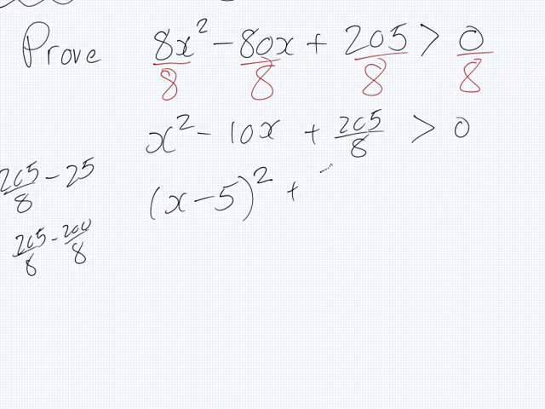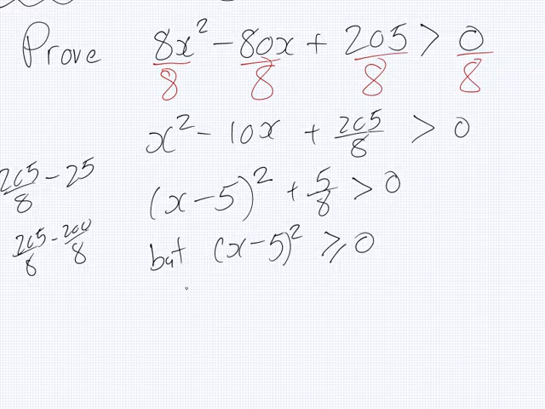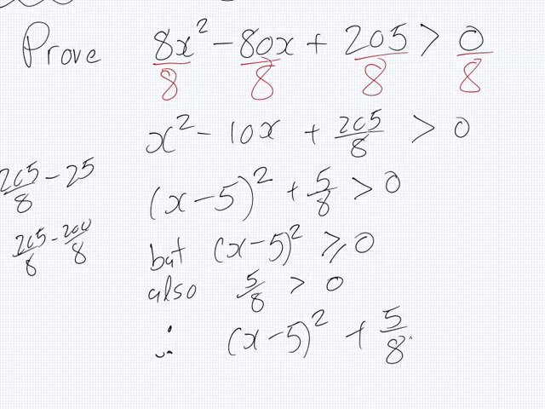So that's plus 5 over 8. Now, x minus 5 squared is always bigger than 0, and also 5 over 8 is always bigger than 0. So therefore, x minus 5 squared plus 5 over 8 must be bigger than 0. So it's true. Okay. Close enough.